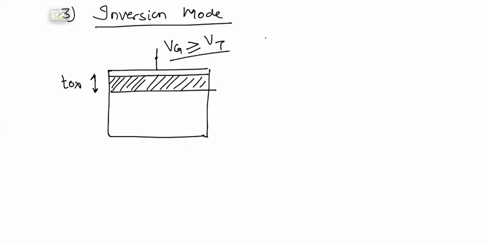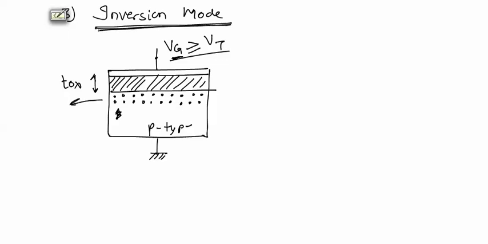If the applied voltage is greater than threshold voltage, then this applied gate voltage will be sufficient to attract the negatively charged carriers, which are very less in this p-type substrate. So these electrons will be attracted towards oxide semiconductor interface, and now there is no depletion layer in this particular operating mode. So this time there will be only oxide layer, non-conducting layer.